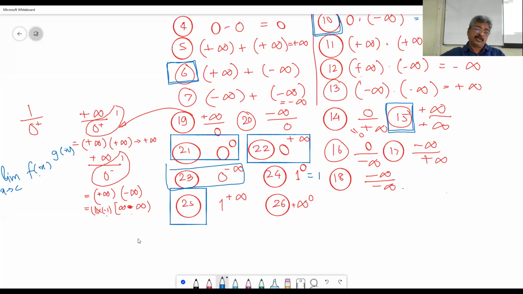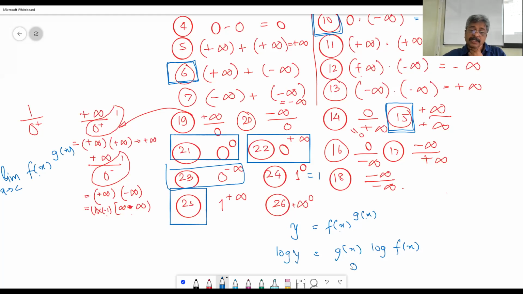Now for this 0 raised to 0, one more justification can be given. Suppose f of x raised to g of x is equal to y, where both f and g are tending to 0. If we take the log of y, we get g of x log f of x. Now g of x is still tending to 0 and log f of x is tending to minus infinity.